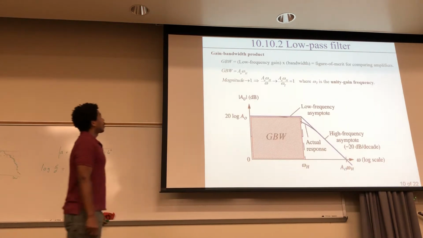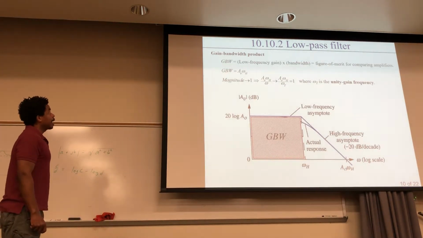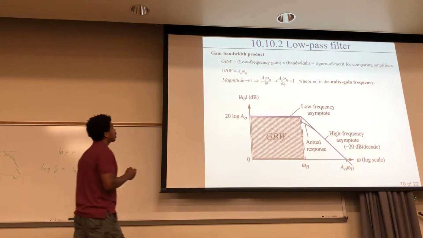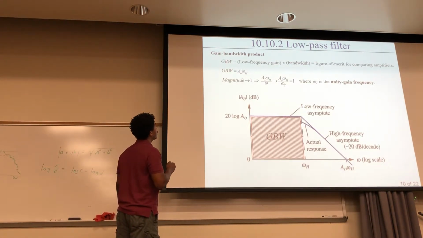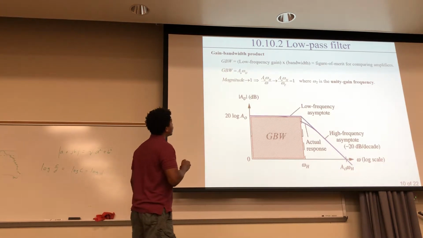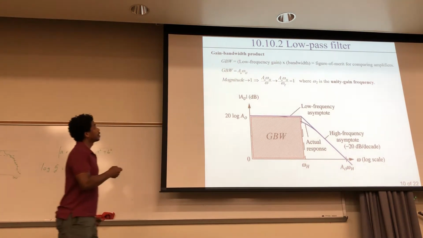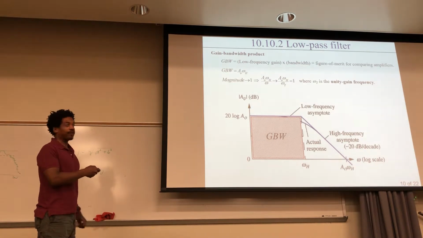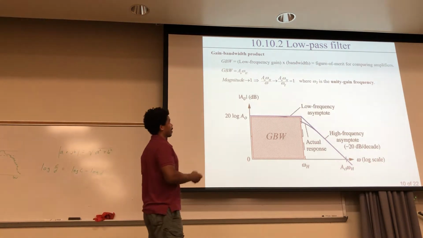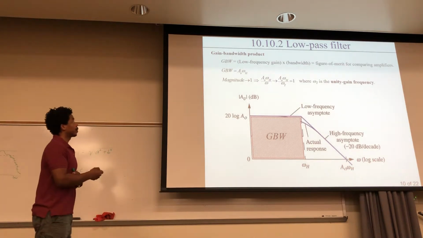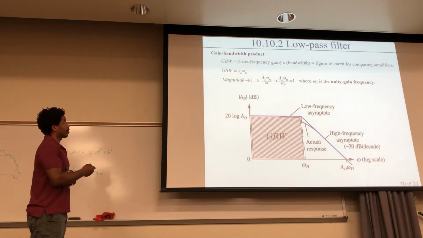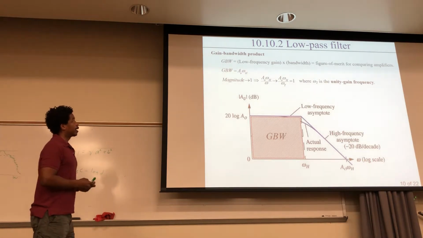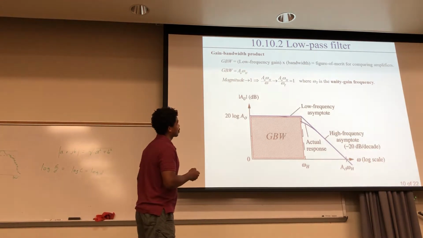Okay, cool. All right, so the gain bandwidth product. So it is the low frequency gain, which was A, multiplied by the bandwidth. And it's basically a figure of merit for comparing different amplifiers together. So A, your gain, times your cutoff frequency. There's another value, omega t, which is called the unity gain frequency.